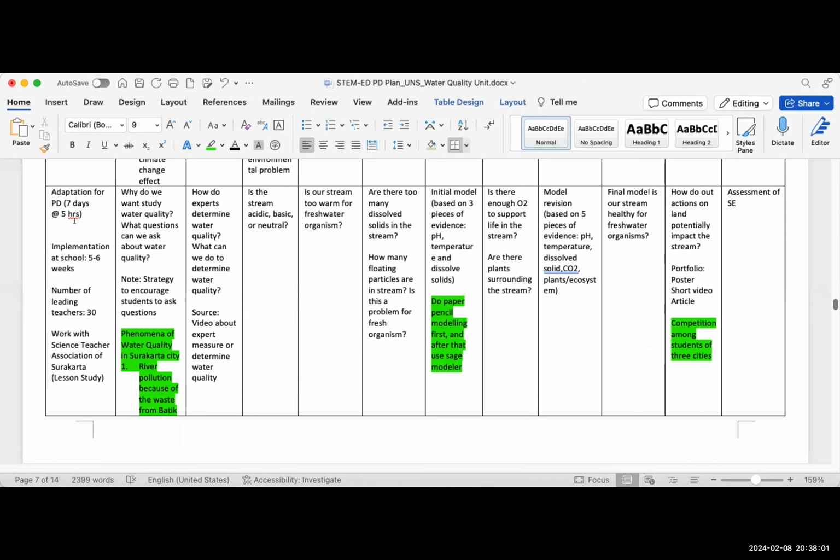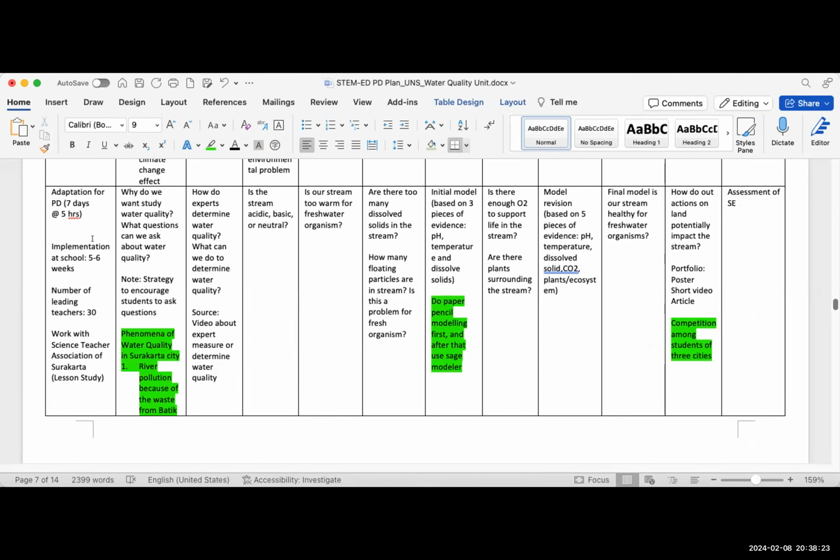In Indonesia, we found the junior high school curriculum related to water quality in some grades, but in 9th grade, the last grade of junior high school, we will implement this water quality unit.